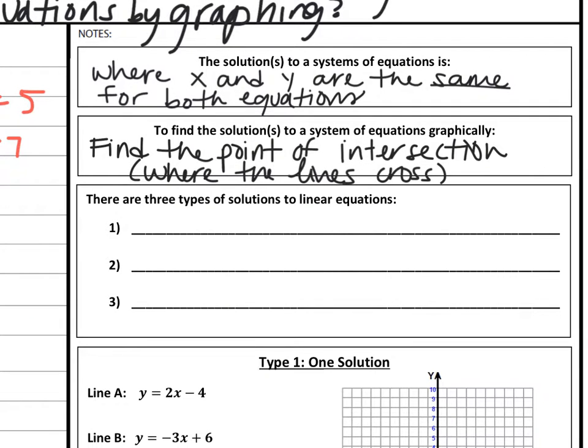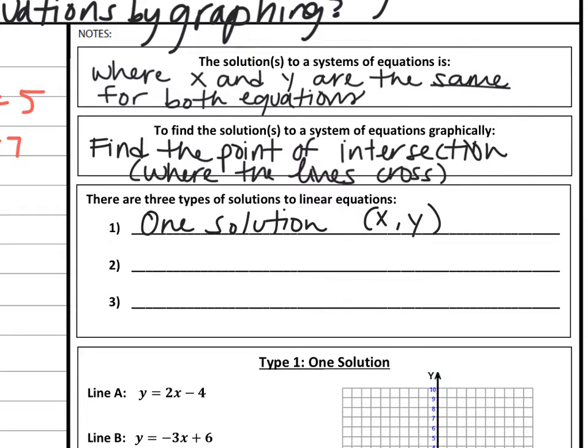We have three types of solutions. This should sound familiar. One solution, and that's going to be written as a point. What do you think another type is? No, you're not completely wrong, because if we had a quadratic, like a curvy line, then we would have two solutions actually.